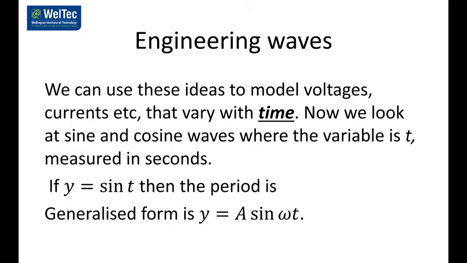We may well, though, want to have time on the horizontal, in which case we're saying that the currents, etc., are varying with time. And if our curve is y equals sine t, then the period is said to be 2 pi seconds. This is the amplitude, and this number, previously we were calling it k, but it doesn't really matter.